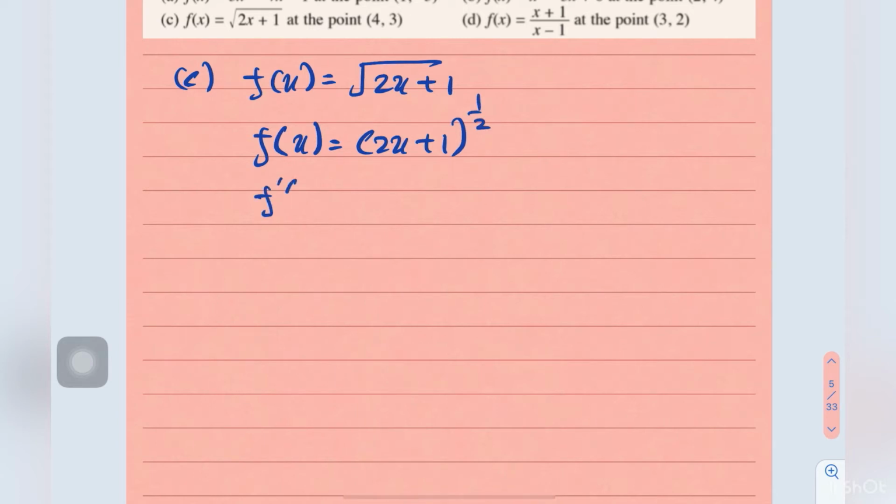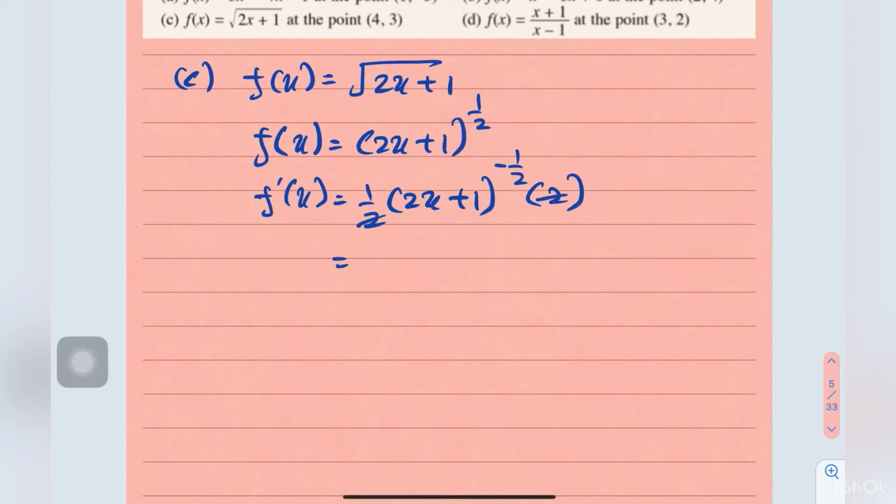So then f prime x, we use the composite function power rule. So 1 over 2, (2x plus 1) to the power of negative 1 over 2, times 2. So we simplify, we get 1 over square root of 2x plus 1.